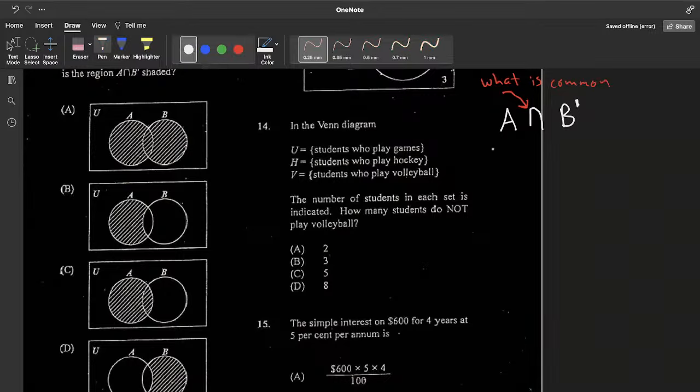So if I was to sketch what A would look like, we would have A here as well as B here. If I was to shade A, I know that this part represents A.